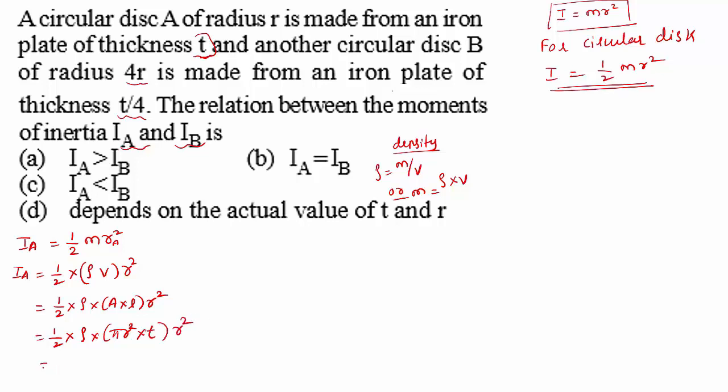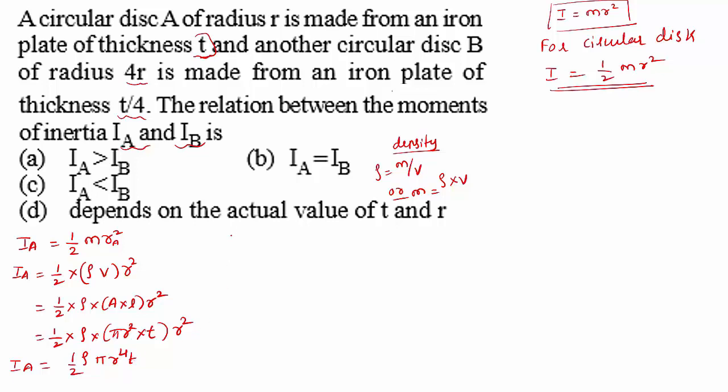Now the moment of inertia for disc A we will get as 1 by 2 rho pi r raised to 4 into T. So this is the value of the moment of inertia of the first disc. So this is the moment of inertia for the disc A.